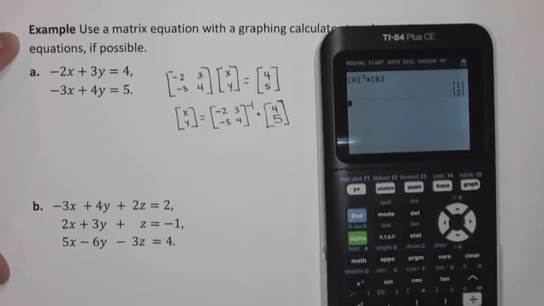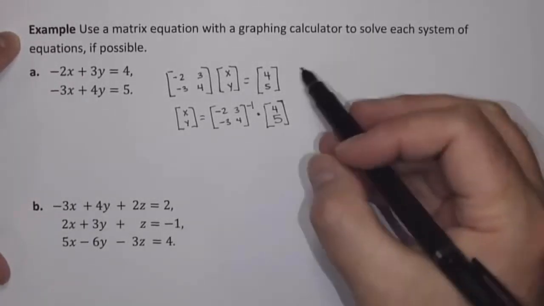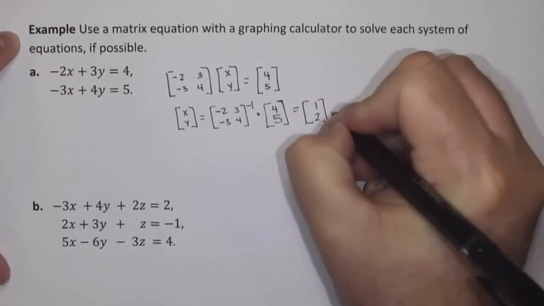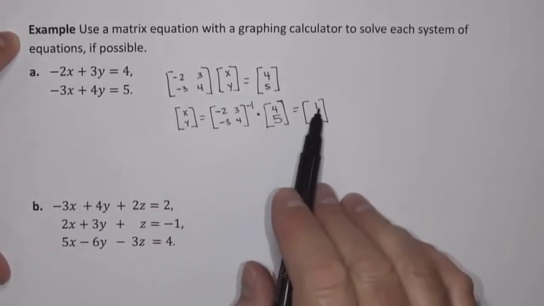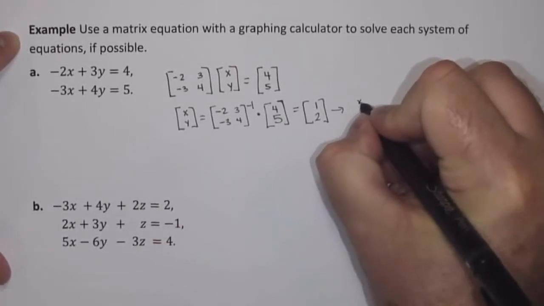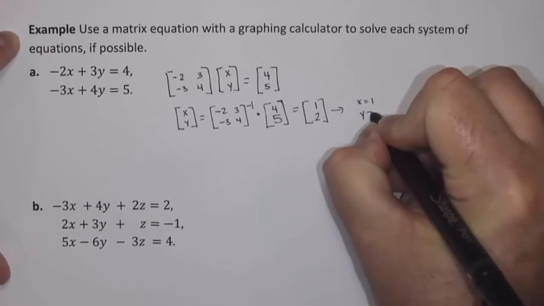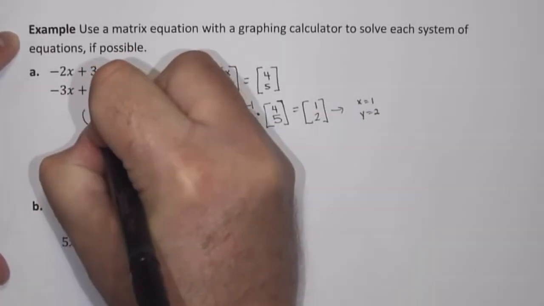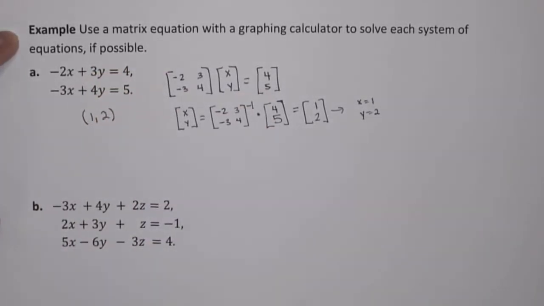And so that gives me the result 1, 2. So that tells me that x equals 1 and y equals 2. So the solution to this system is the point 1, 2.